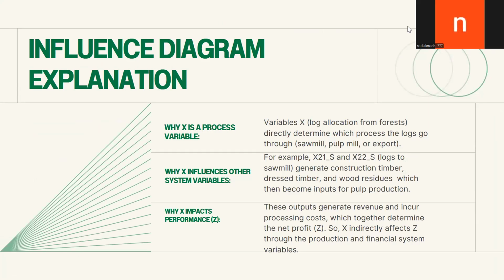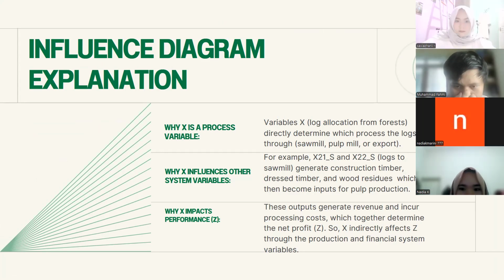This slide is the influence diagram explanation. The first is why X is a process variable: X is the log allocation from forests, which directly determines which process the logs go through, like sawmill or pulp. Then, why X includes other system variables in it. For example, X21S and X22S, the logs to sawmill, generate construction timber, dressed timber, and wood residues, which then become inputs.